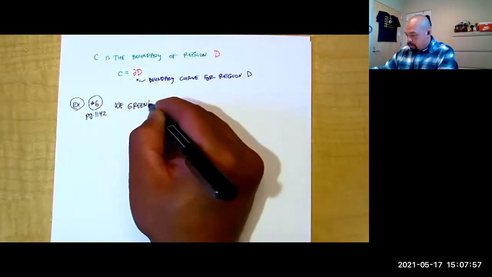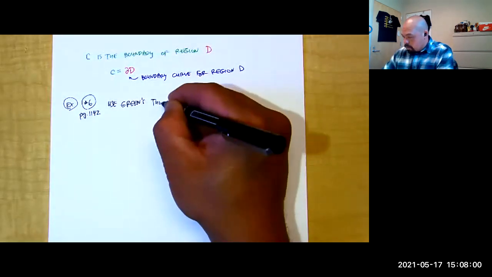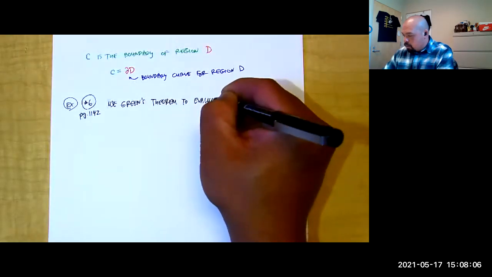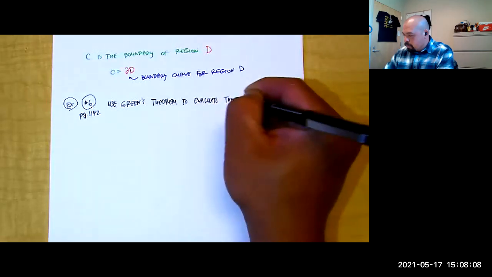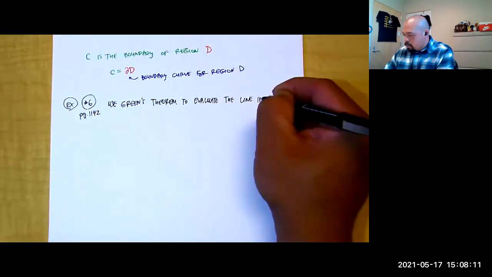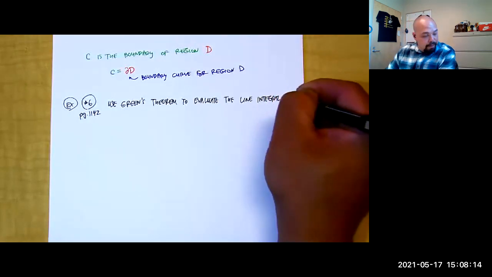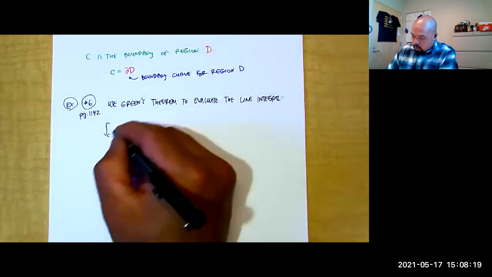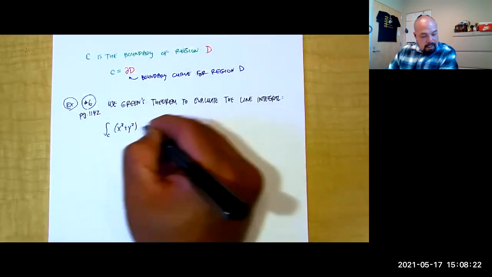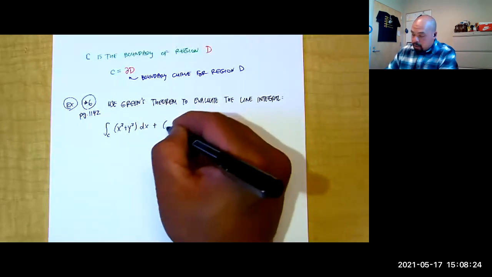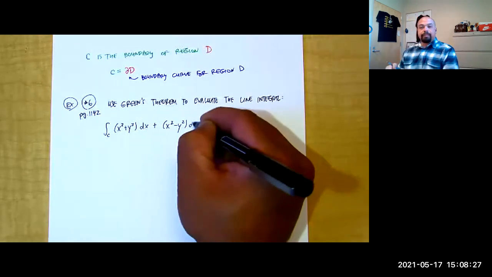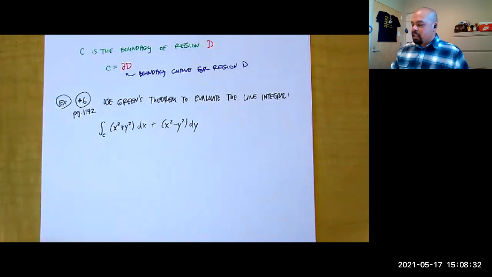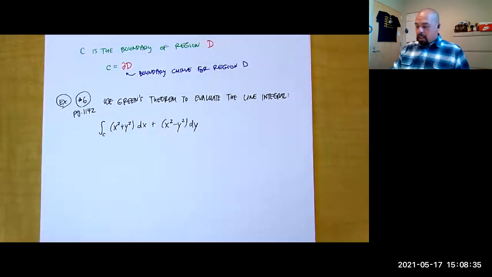Use Green's theorem to evaluate the line integral, and we have here this integral over the path C of x squared plus y squared dx plus x squared minus y squared dy. So when we look at these types of problems, we're asked to use a particular theorem, okay?